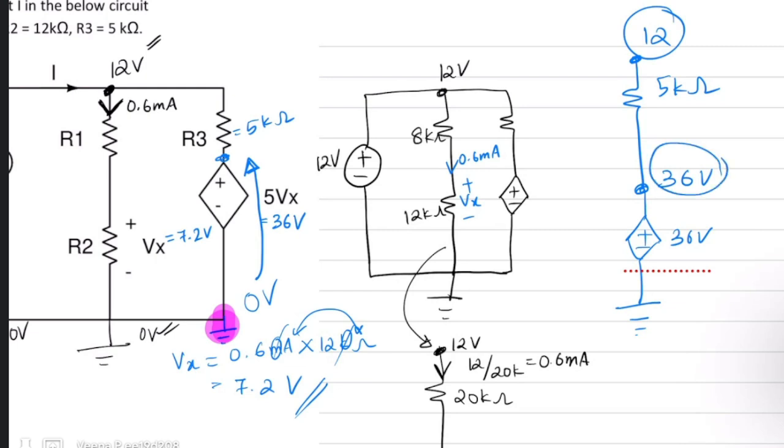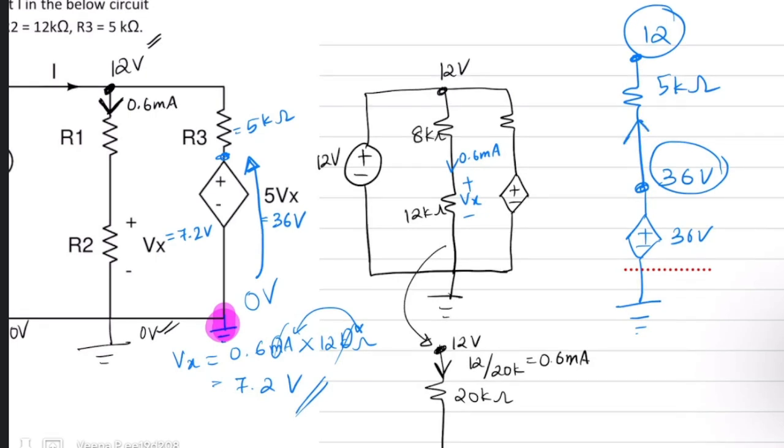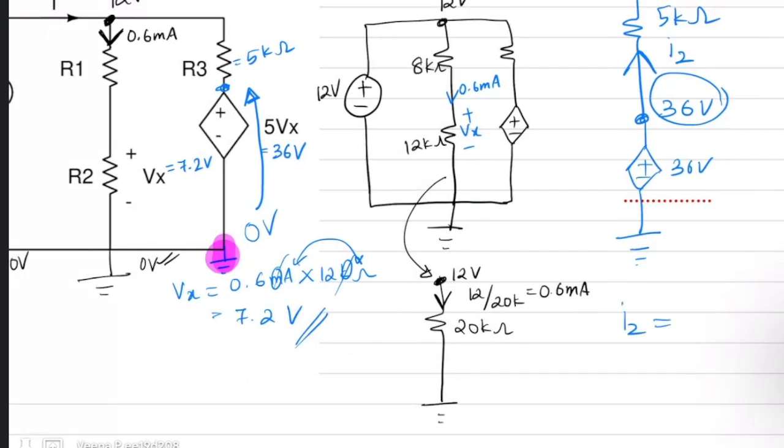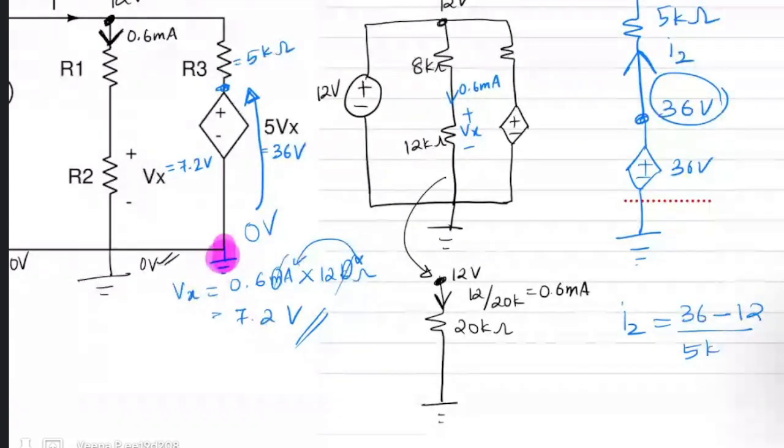That means current will always flow from positive potential to negative, or higher potential to lower potential. That means the positive current will flow in this direction, let it be I2, and the value of I2 is nothing but the potential difference across the resistor divided by the resistance value. So I2 is 36 minus 12 divided by 5 kilo ohm.